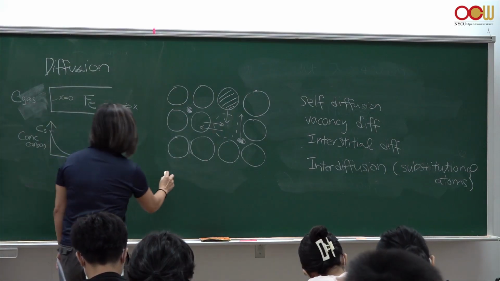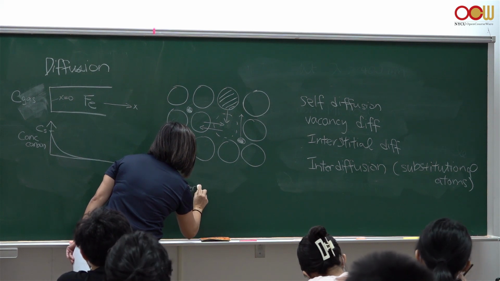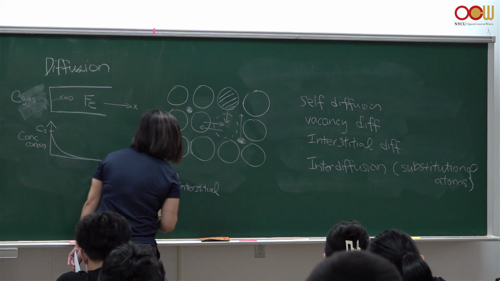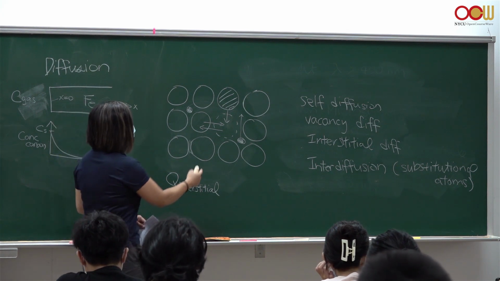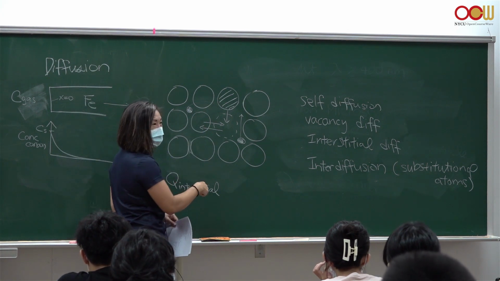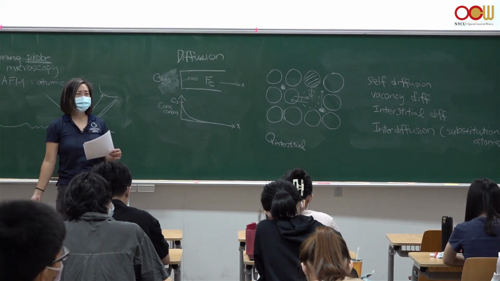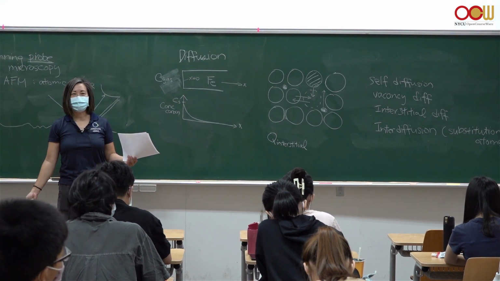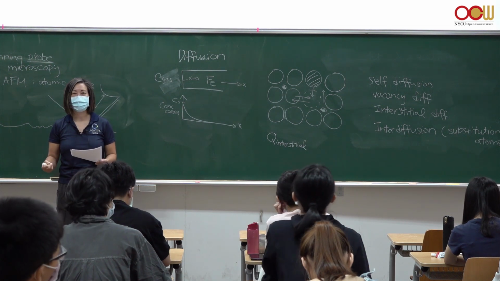Interstitial. Very good. So interstitial has most likely the lowest activation energy because it has the most spaces to move, right? Just like I see lots of people driving scooters. Much easier to move on the streets than cars, right? Because you could go in between cars and there's lots of space.